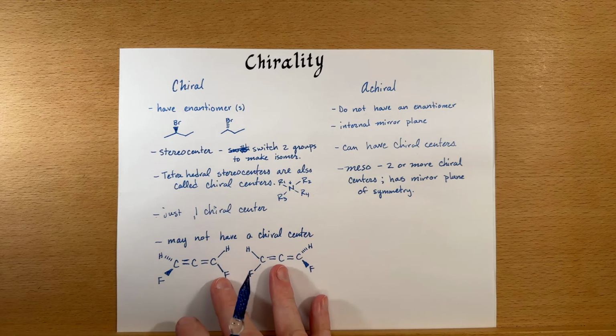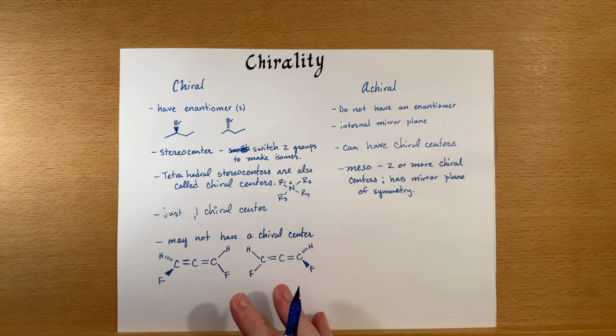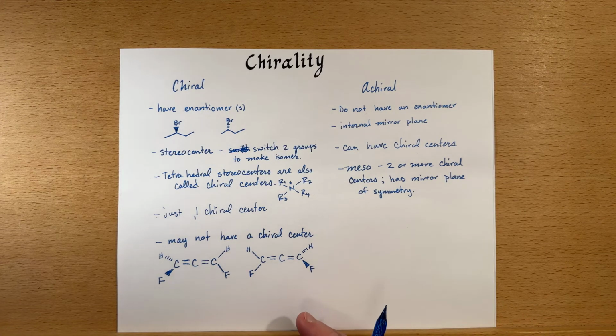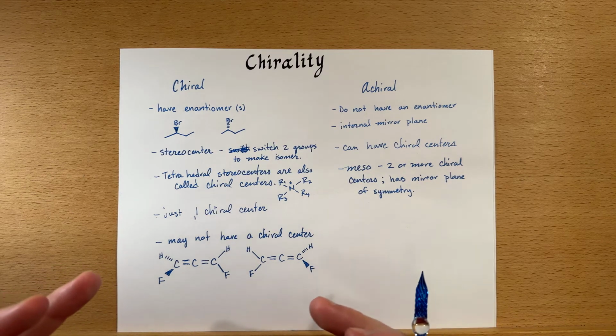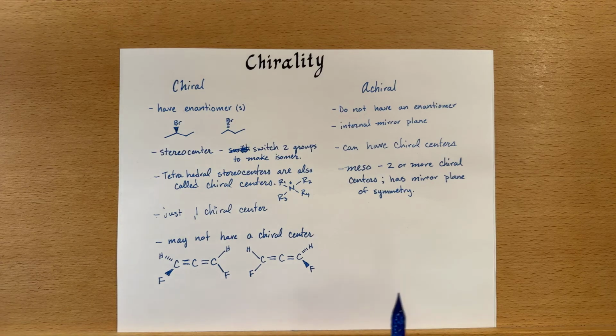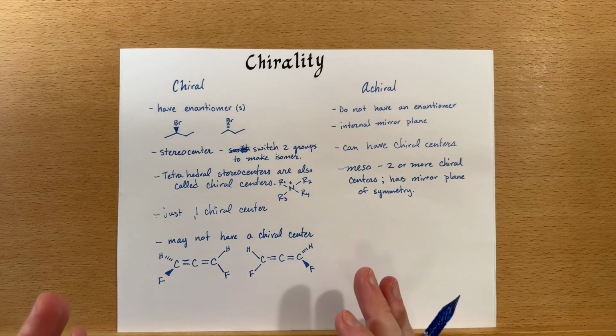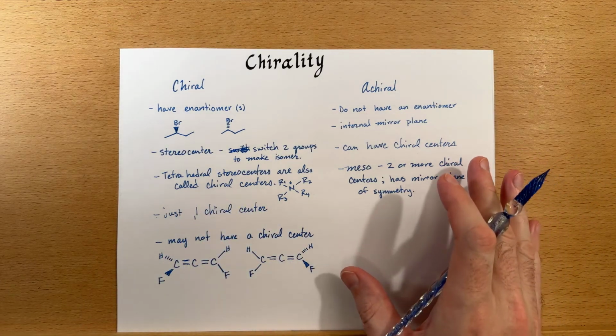That's more common than not having a chiral center, although chemists find those examples interesting because it kind of breaks a typical rule. And so we find that intriguing. So this is a little bit about chirality and the differences between chiral molecules and some molecules that are chiral.